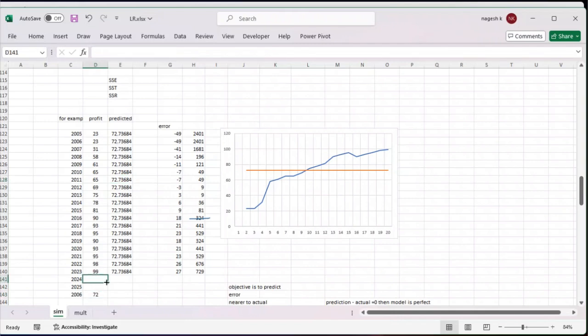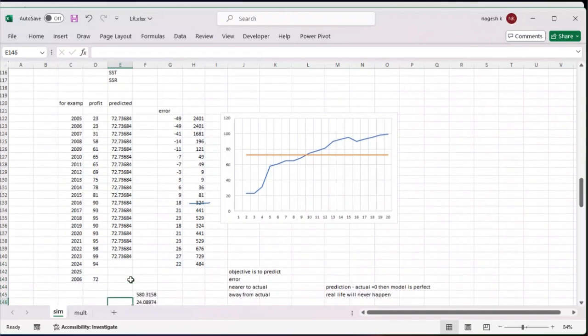Presume that the actual value for 2024 is 94. What we have predicted is 72. In this way, we can clearly see that there is a difference between the actual profit and our predicted profit.